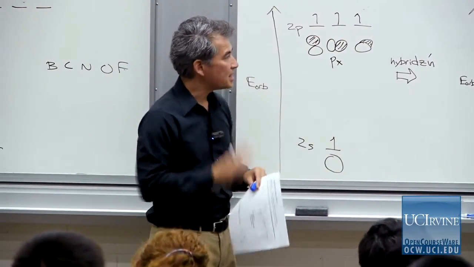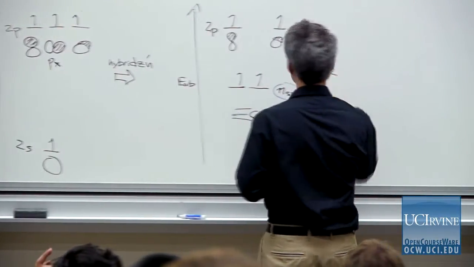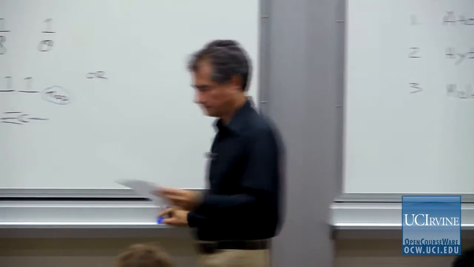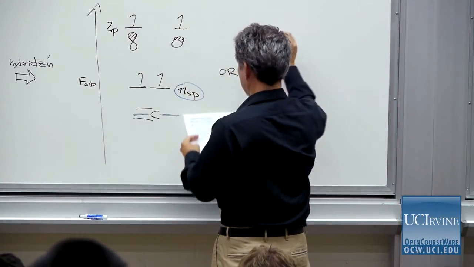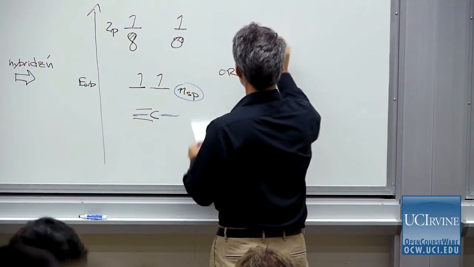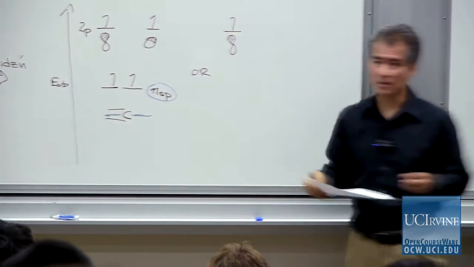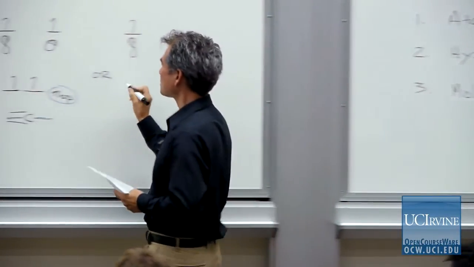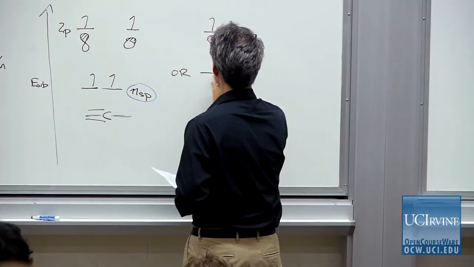So let's go ahead and look at another hybridization combination. There's other ways that we can hybridize these, and I hope you're familiar with these. So let's suppose I take one of these orbitals and I mix it with those others. I'll be left with one of the p orbitals, but I still have 3 other orbitals left. And now if I mix 2 of these p orbitals with one of the s orbitals, I'll have 3 more orbitals.